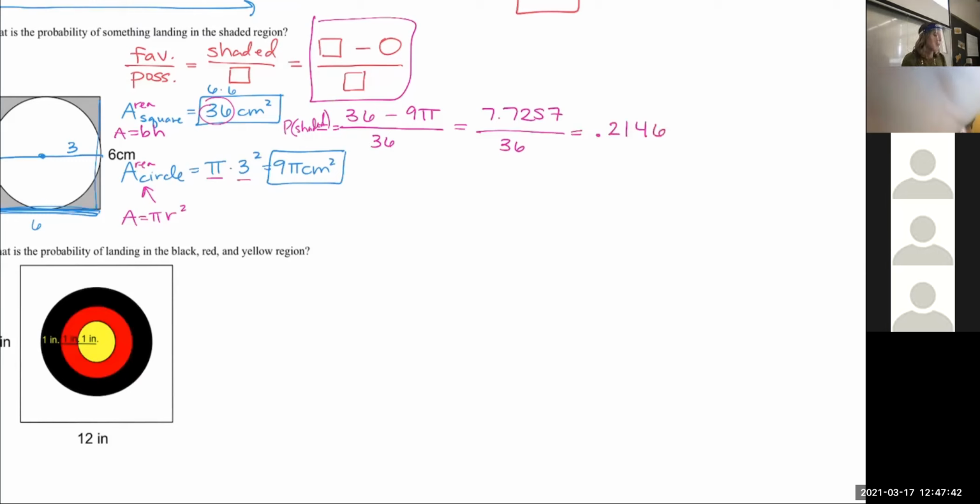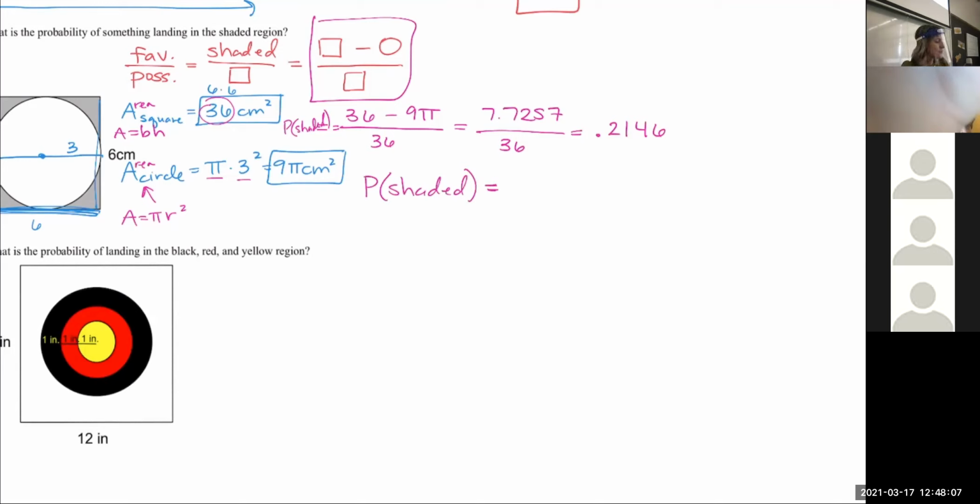Okay. What does that mean? What is 0.2146? The probability we hit the shaded area is what? Remember what I said? Sometimes people, instead of giving a fraction, they'll give what?